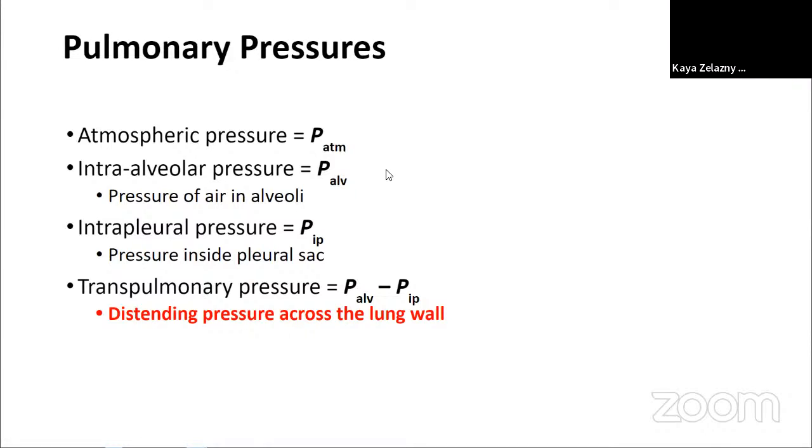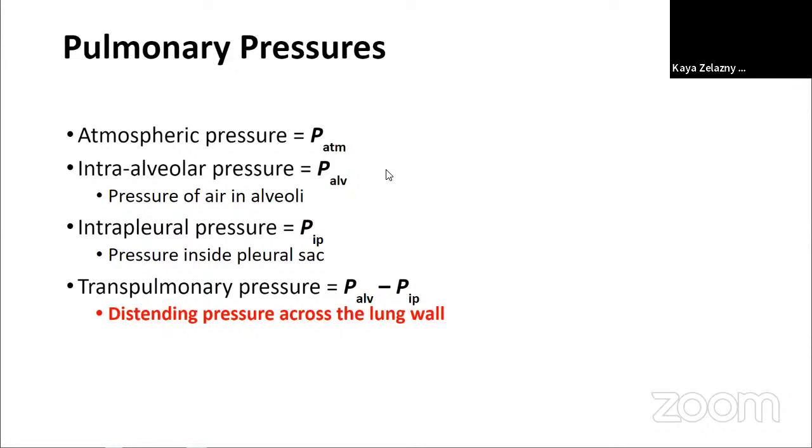Another thing to know is that when we talk about those first two pressures, the atmospheric and the intraalveolar pressure, since for the purposes of respiration we're just worried about which one is bigger, we often give these pressures relative to each other. So we're going to make atmospheric pressure 0, so we're going to subtract it.